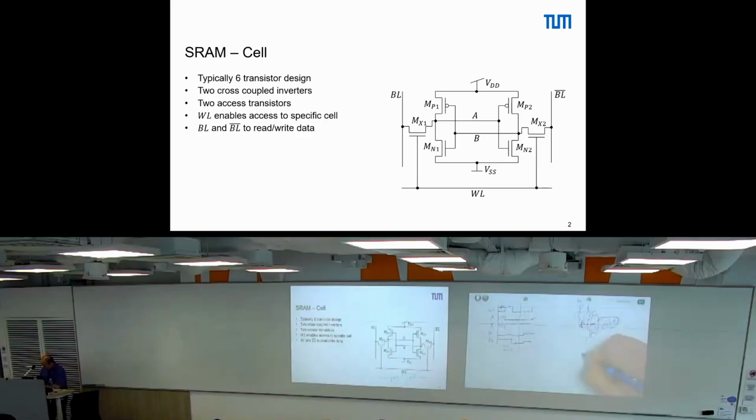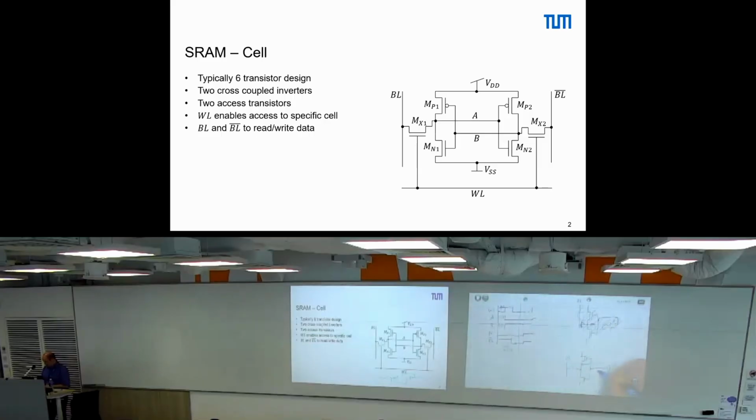So this one here is our inverter that we want to consider. And the node A goes here where I switch to the bitline. This input is connected to the output of the B inverter, right? And the input of this inverter is connected here, right?